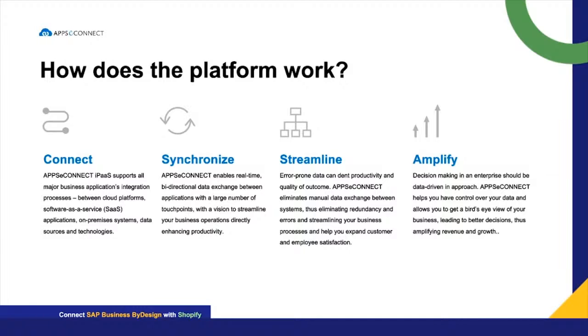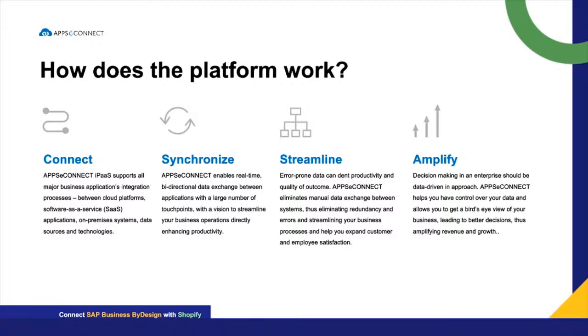Now, how does the platform work? So basically, we have these four sections where we can tell you how the platform works for this synchronization. We have two components for the synchronization. One is the cloud portal, another one is the APPSeCONNECT agent.